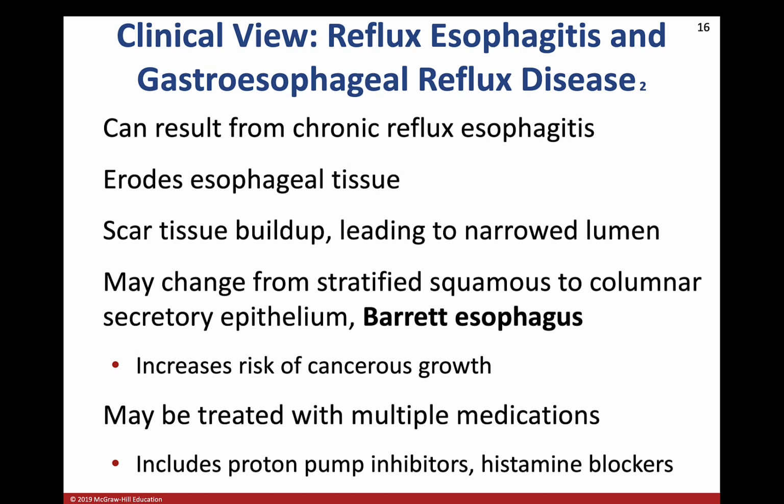This is known as Barrett esophagus. The problem here is that this condition increases the risk of cancerous growth. We are starting to see more individuals present with esophageal cancer. Now, this is a condition that can be treated with multiple medications. Many are proton pump inhibitors and also histamine blockers.